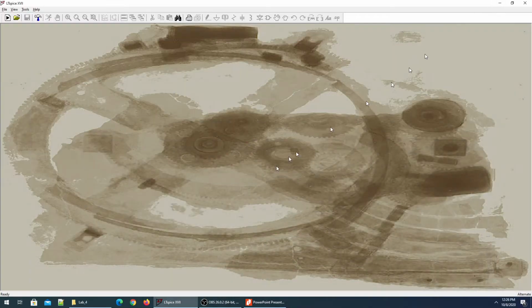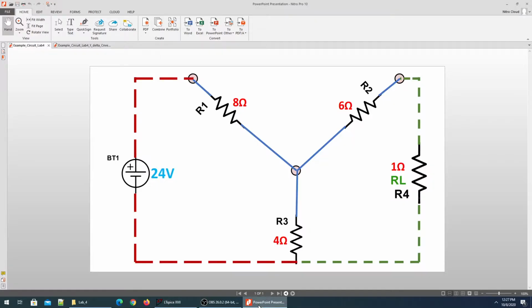So, in today's lab, we are going to work with Y type circuits as well as the delta type circuits. What we're going to do is build a circuit with the resistors connected in a Y network fashion, and we are going to connect a load resistance, building that circuit in LTSpice.